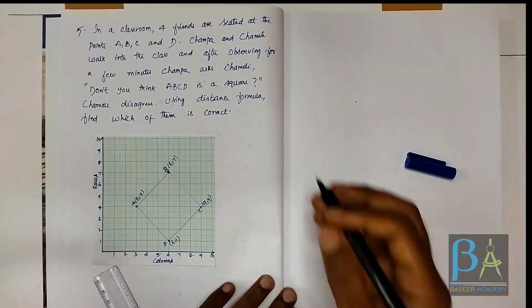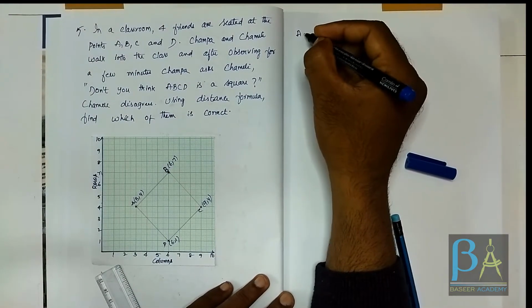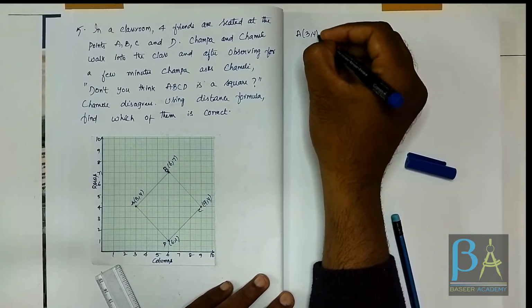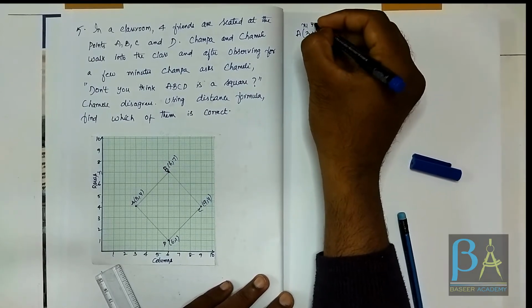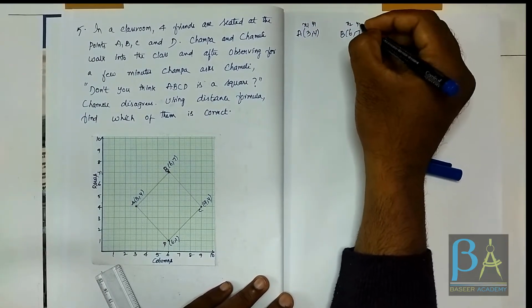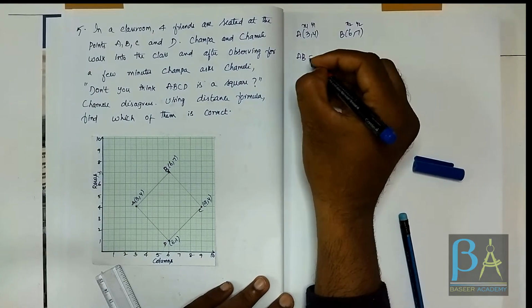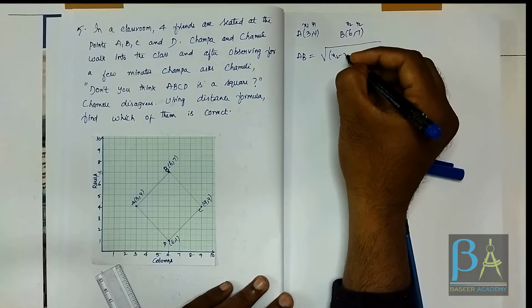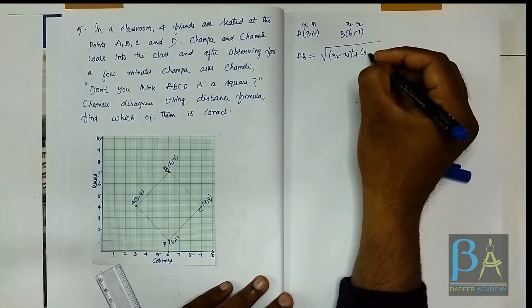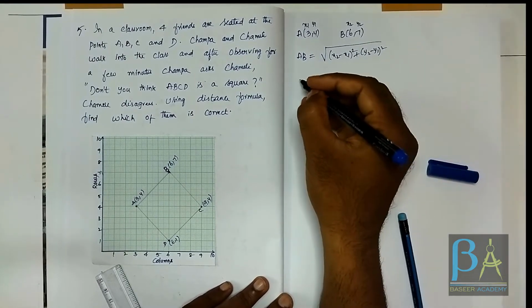Let me first find out the distance AB. A is 3, 4 and then B is 6, 7. This is x1, y1 and this is x2, y2. Let us write the distance formula. The distance formula is x2 minus x1 whole square plus y2 minus y1 whole square.